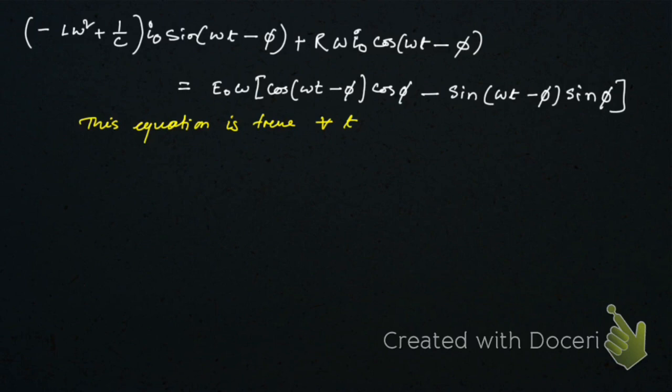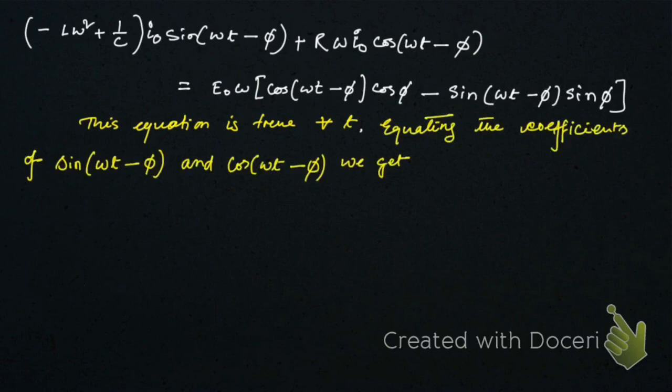equating the coefficients of sine omega t minus phi. If you compare the coefficients of sine omega t minus phi on either side, on this side its coefficient is this, and on the right hand side its coefficient is minus e naught omega sine phi, right?